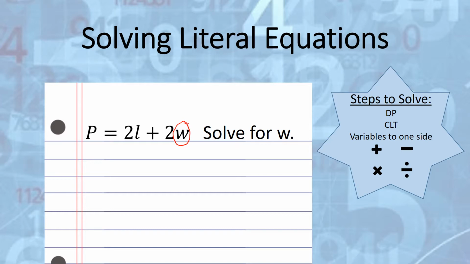Yes, they are. Is my W on just one side of the equation? It is. Now, do I have anything being added or subtracted from the W? And I do. I have 2L being added. So that means I'm going to do the opposite, which is subtract 2L from both sides.